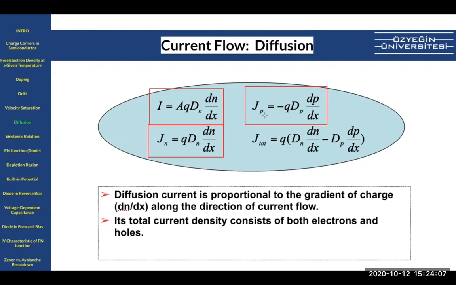And if we look at the current density, J, due to the flow of holes, that would be this term. When we calculate the total current density, just like we did with the drift, we sum them up, and we come to an equation for the total current density.